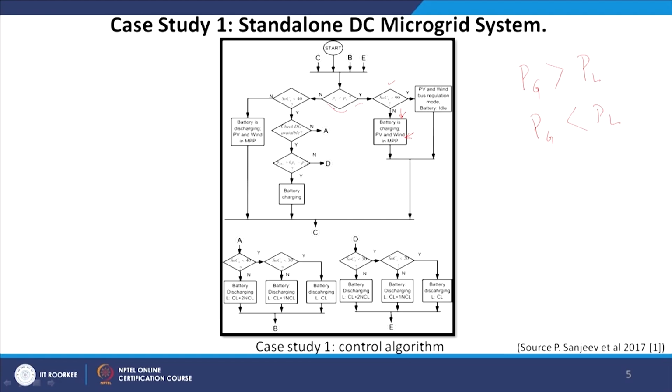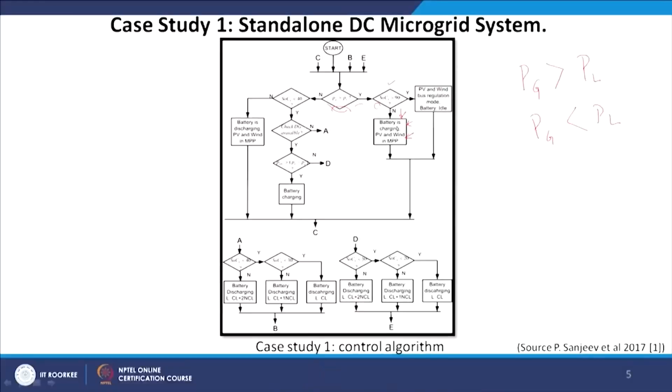Concentrate. If the generation is more than the load, I do have excess energy. Check whether my battery has been charged up to 90% or not. If it has not been charged up to 90%, and my generation is more, then I can allow my battery to charge as well as keep on generating. Do not reduce the generation from PV or wind, allow them to operate in MPPT mode.